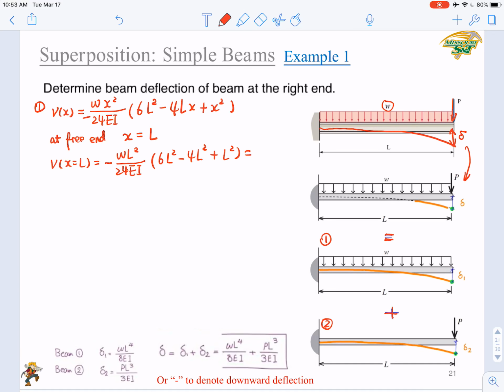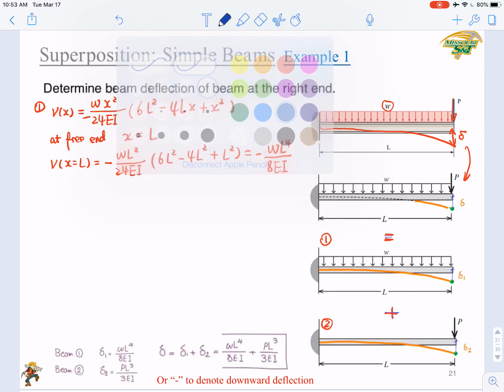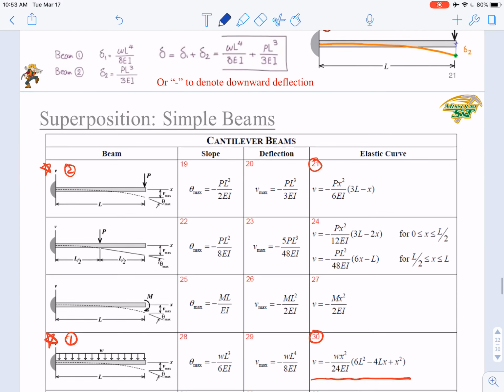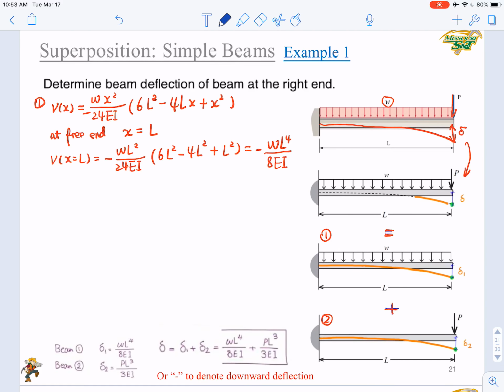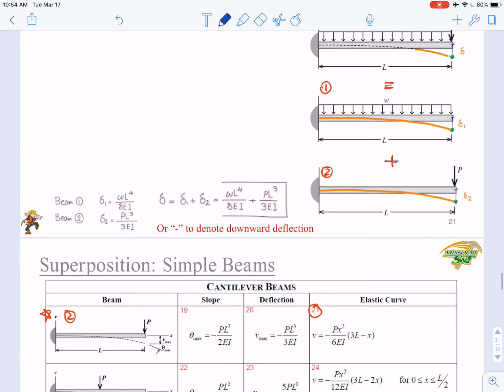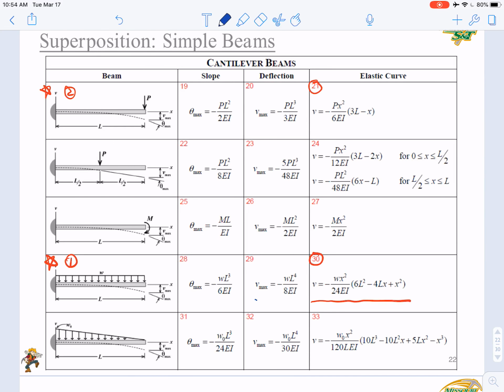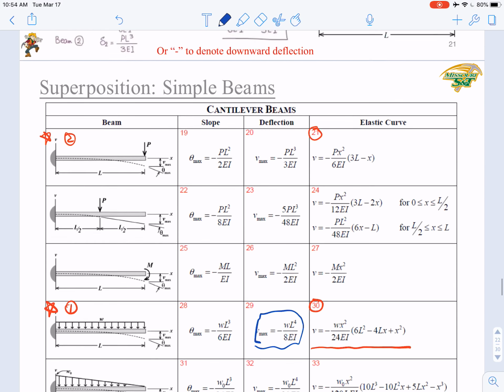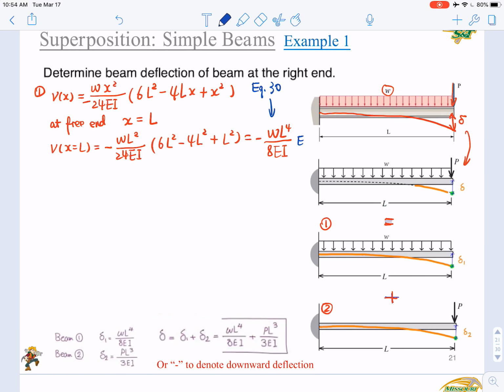So you will get negative WL to the 4th over 8 EI. You can see that we started from equation 30, and after that, we derived this expression, which is exactly the same as our equation 29.